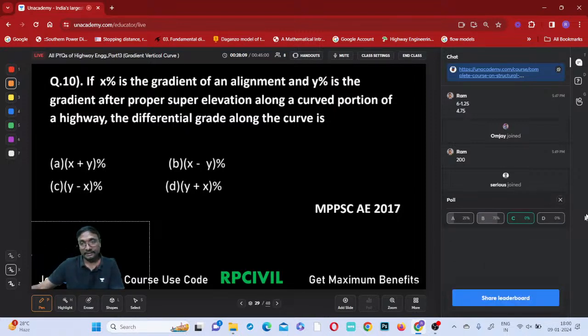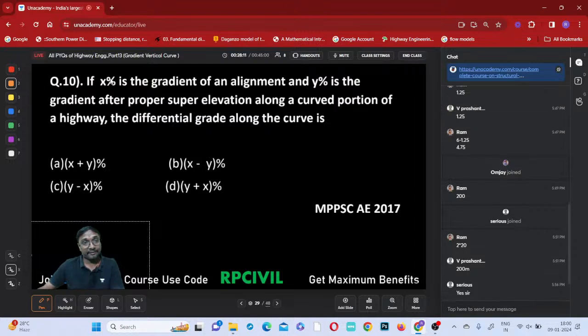Now, if X percentage is the gradient of alignment and Y percentage is the gradient after proper super elevation along a curved portion of a highway, then what is the differential grade along the curve? How can you get this differential grade along the curve?